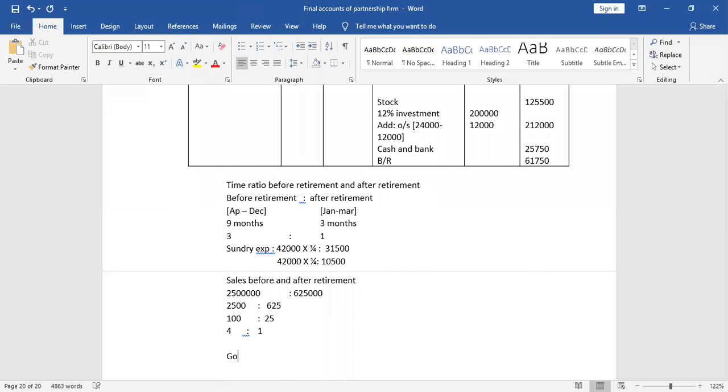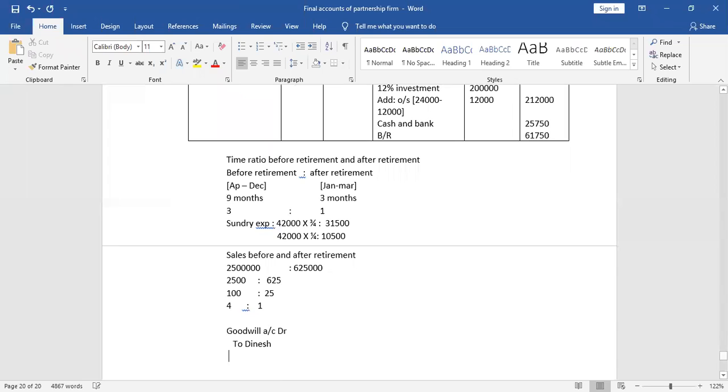The adjustment for goodwill is goodwill account debit. Before retirement, how many partners were there? All the partners were there. So to Dinesh, to Amar, to Manoj.